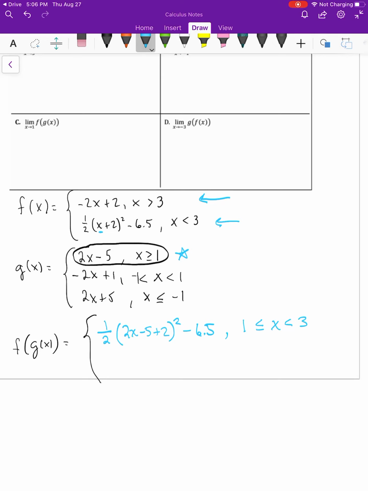And then we also have to put in 2x minus 5 in the other part, so negative 2 times (2x minus 5) plus 2. I'm putting it in for that x, and that's going to be for everything greater than 3.